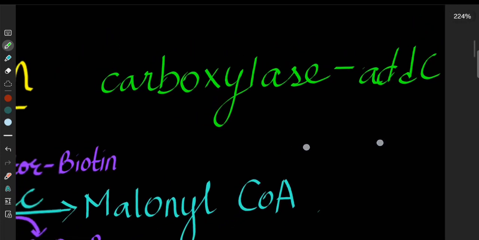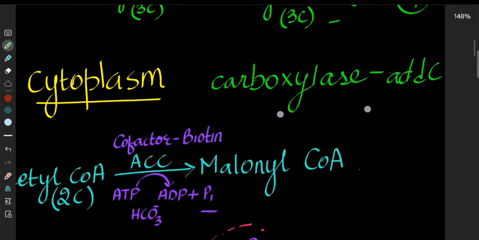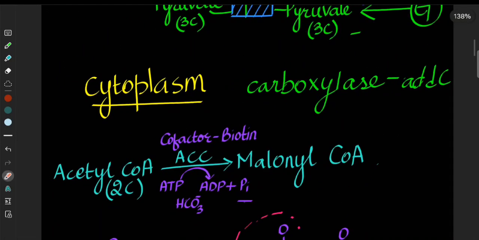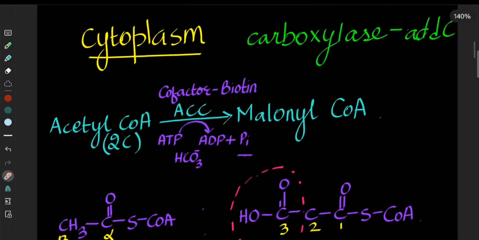So as you can see over here, in the cytoplasm, acetyl coenzyme A undergoes carboxylation, and this particular enzyme will add a carbon to the acetyl coenzyme A. And then there are other factors as well which participate in this, which is the biotin. Biotin acts as a cofactor, and it is also known as vitamin B7, right?